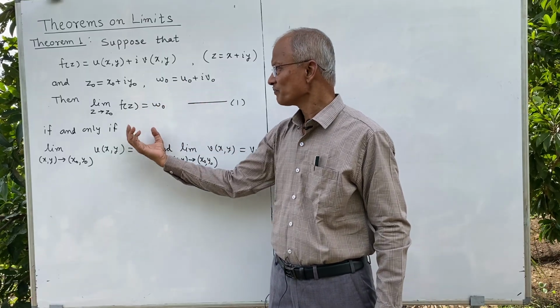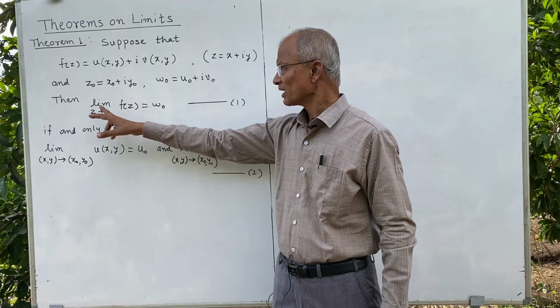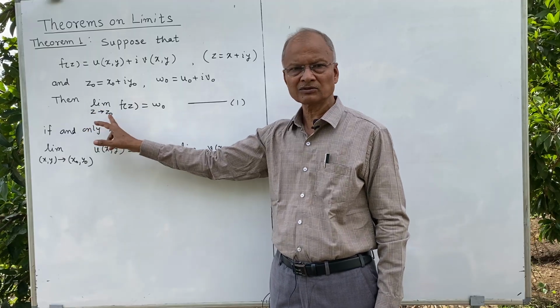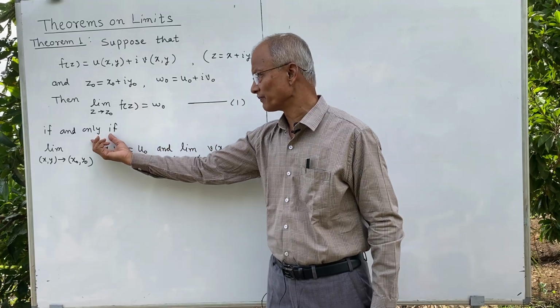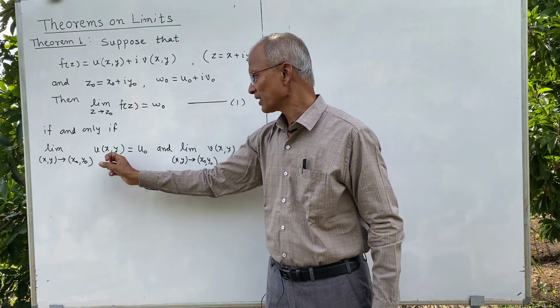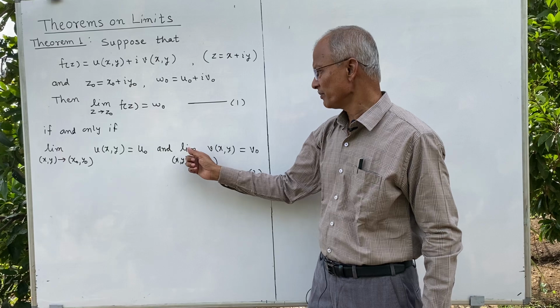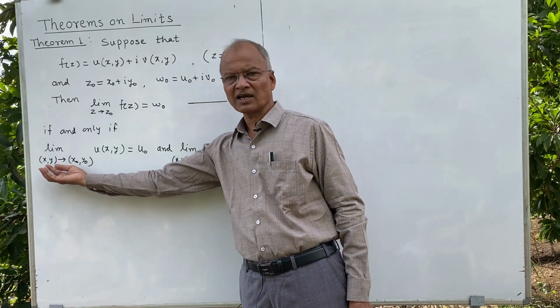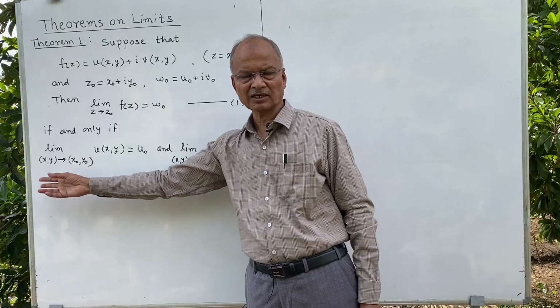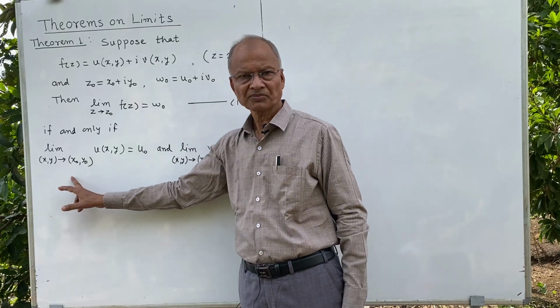And then the theorem statement is: limit of f of z as z tends to z naught is w naught if and only if limit of u is equal to u naught and limit of v is equal to v naught when x y tends to x naught y naught, or that is the same as z tends to z naught.